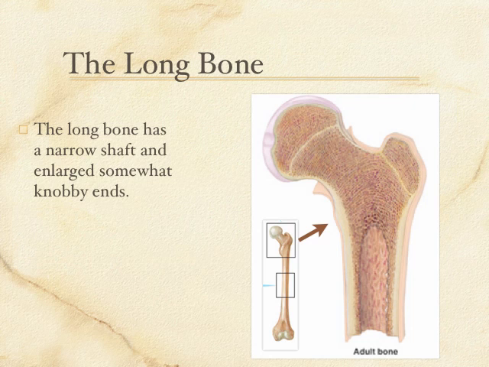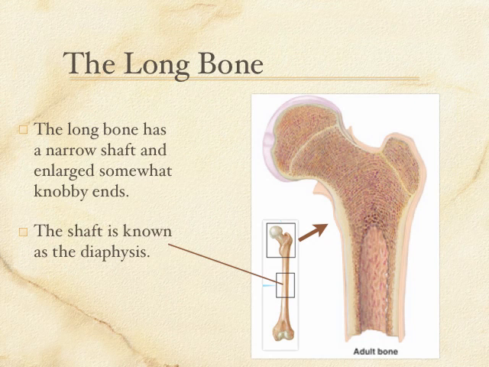So, we're going to refer to the shaft of a long bone as the diaphysis of the bone. Okay? Very important word to know. When somebody speaks of the diaphysis of a bone, they're speaking about a long bone, and they're speaking specifically about the shaft structure of the bone.